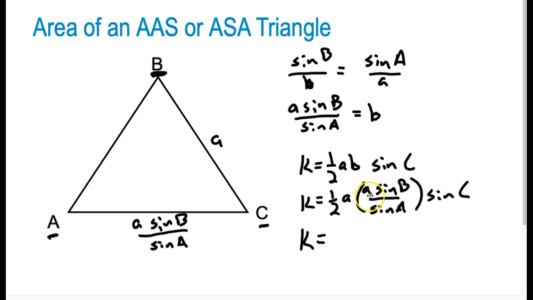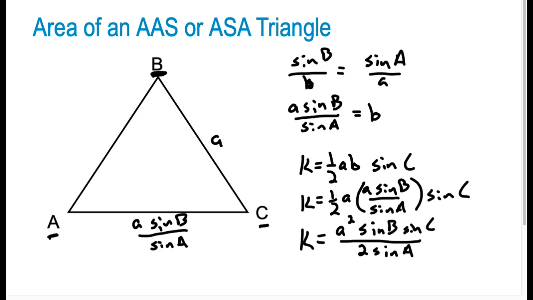We can multiply this A to this A and say that'll be A squared sine of B sine of C over, and then that 2 is in the denominator, so 2 sine of A. Essentially all we did here to get this formula was find another side of this triangle and then multiply that by the height, which we already found the height was this piece right here.